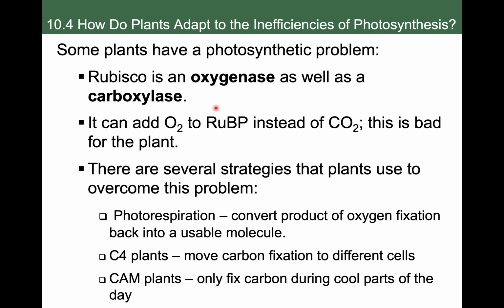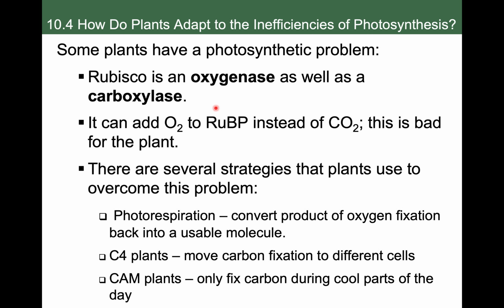Well, really, this becomes an issue in very hot, dry environments. So imagine it's very hot and dry. The plant is going to close those pores on the leaf surface that we talked about in the very beginning of the chapter, the stomata, in order to try to preserve water and just prevent it from drying out and wilting. So we close the stomata, which are also serving as our source of gas exchange, right?